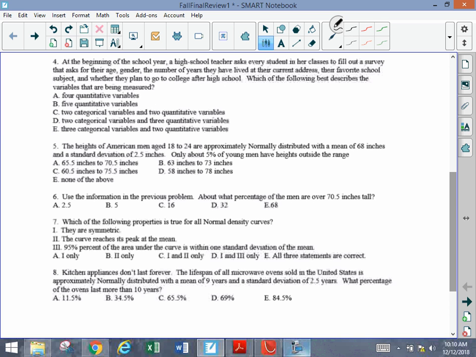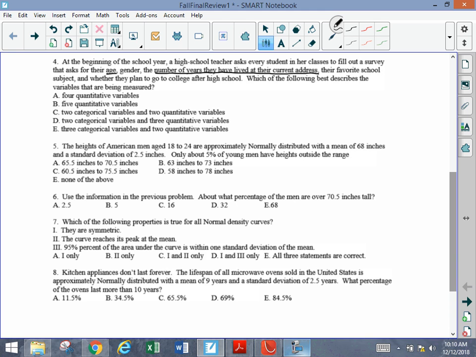So we have to figure out which ones are quantitative and which ones are categorical. So here we go. Quantitative. Number of years, quantitative. School subject.